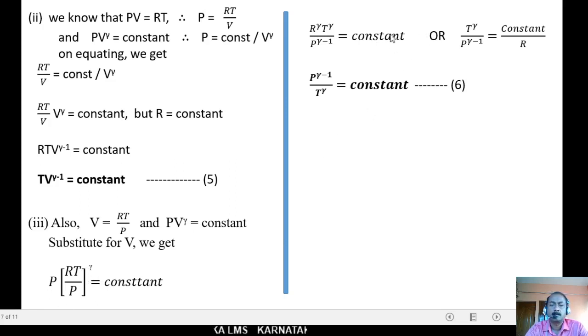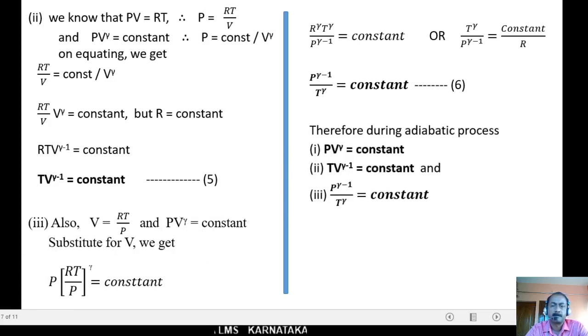It is also written in the form of T to the power of gamma divided by P to the power of gamma minus 1, equal to constant divided by R. On further simplification, we get P to the power gamma minus 1 divided by T to the power of gamma equal to constant. Let it be equation 6.